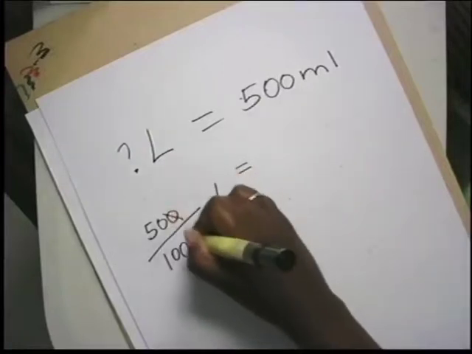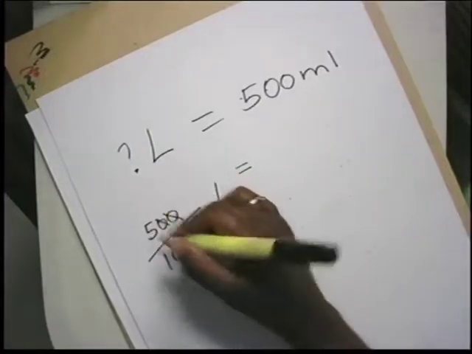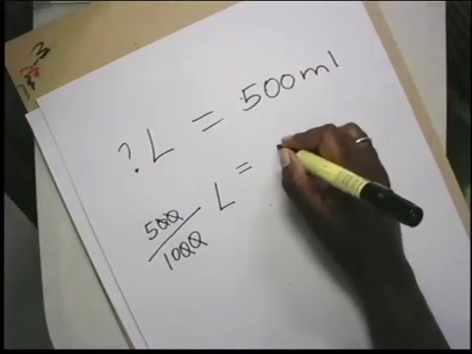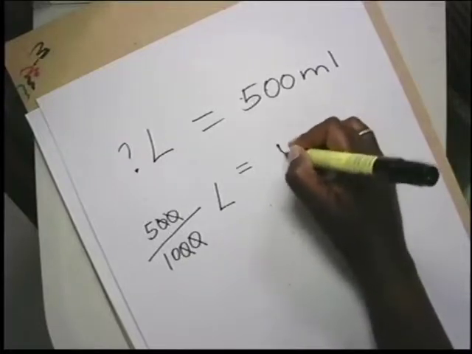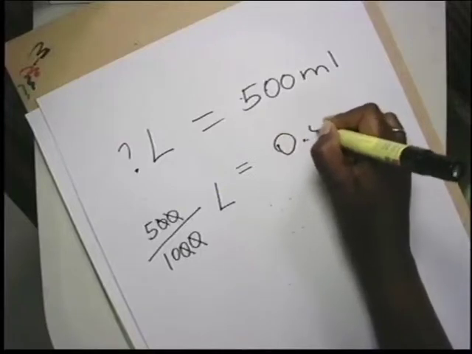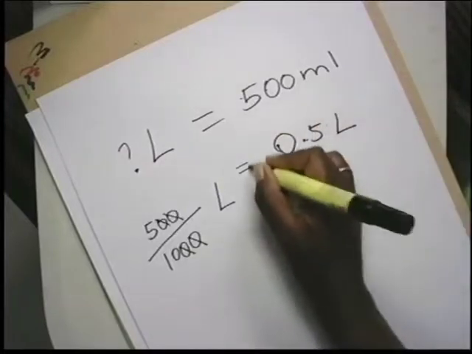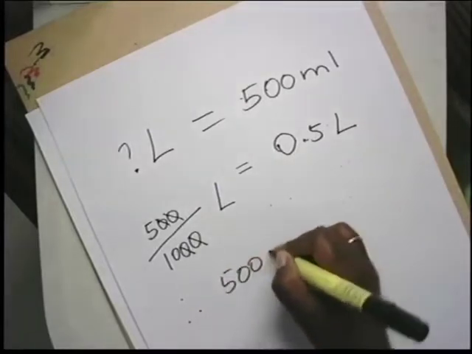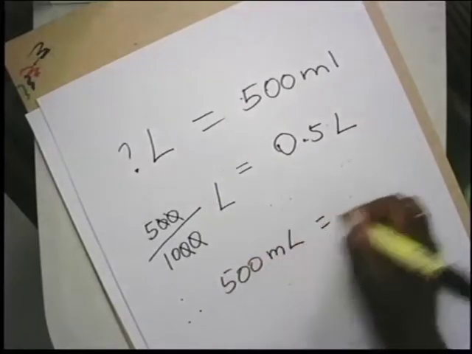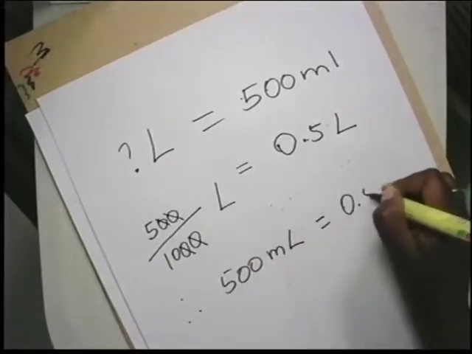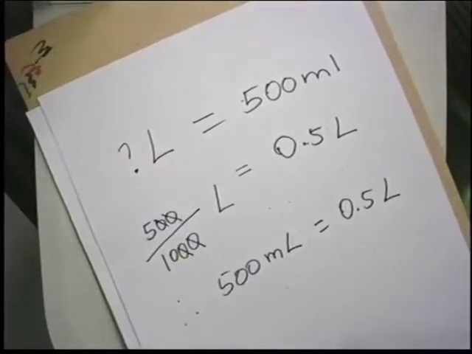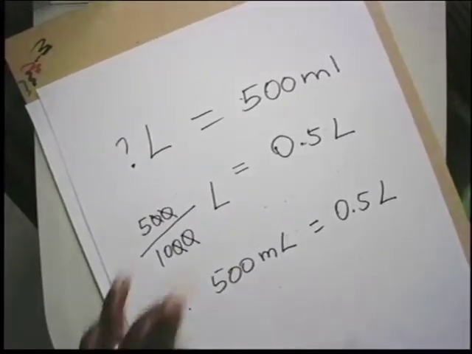We get rid of the zeros. 5 divided by 10 is a half, so we get 0.5 liters. So that means 500 milliliters is equal to 0.5 liters. So that is our answer.